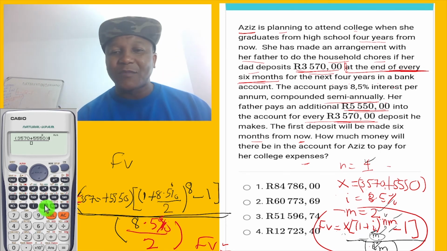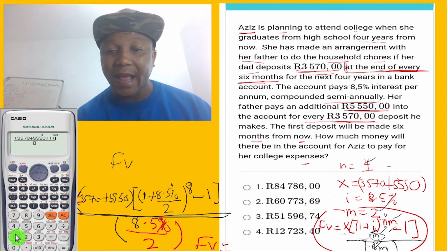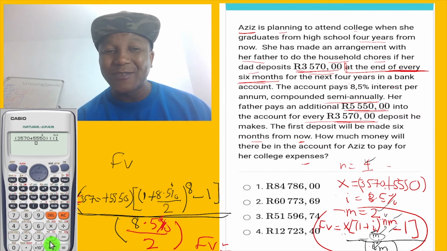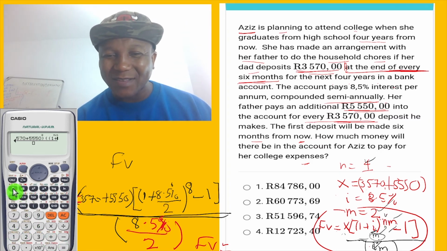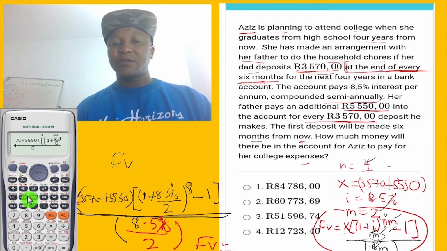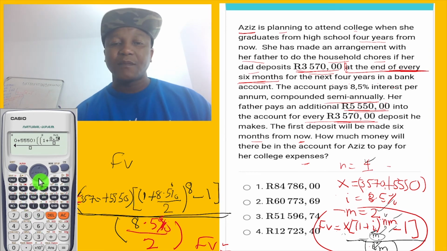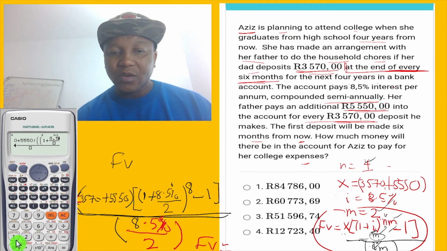Okay, let's go to the bottom. So we say fraction, second bracket, because we just follow what we see there. Now we plus and then bracket and then 8.5 percent. Go to the bottom, 2.